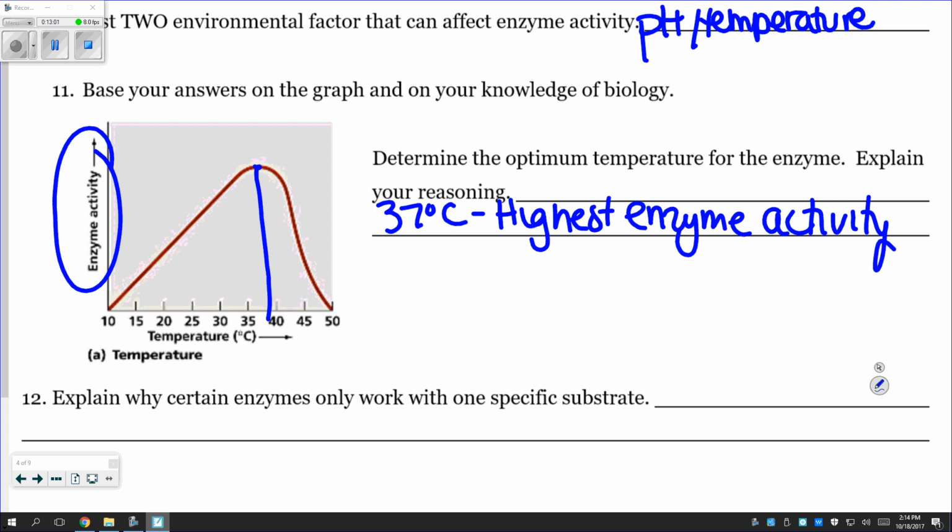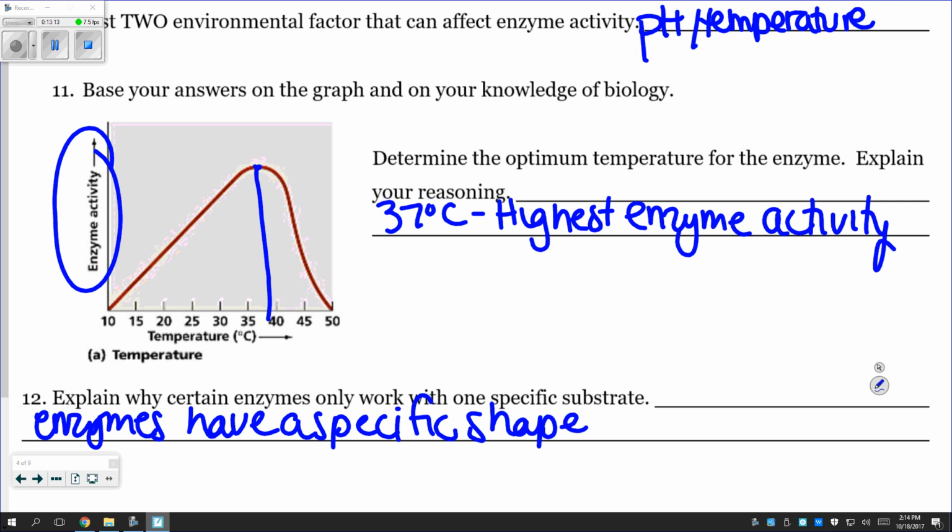That's because enzymes have a specific shape. Sometimes they call that a characteristic shape. And remember, that shape is going to determine what it actually is capable of doing. And the job, we call that its function.